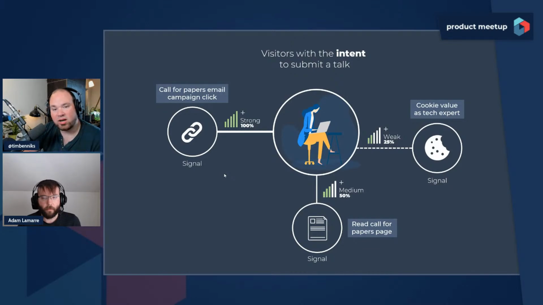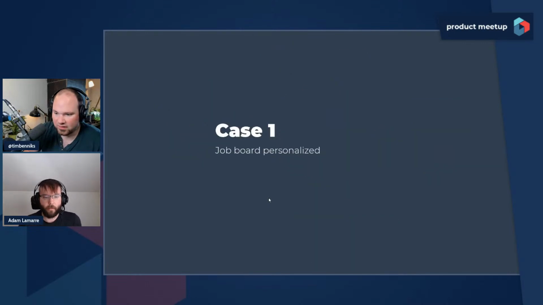We can also track the fact that you have the intent and that you're interested in doing something with the call for papers, but it's not the email, it's the page. And then it's 50% strength. Having these things figured out, we can start personalizing content for you based on your intent, your interests, and all the signals together. I guess this might have been my fastest way of trying to explain how personalization works with Uniform.